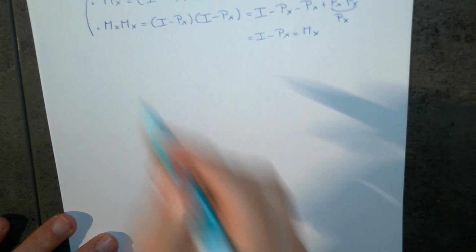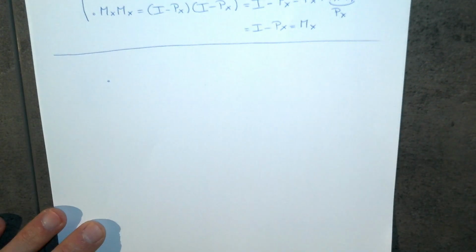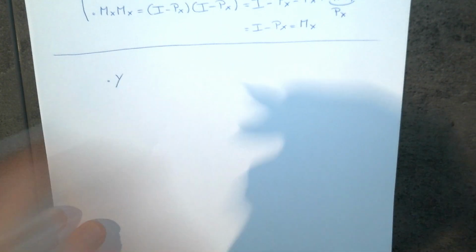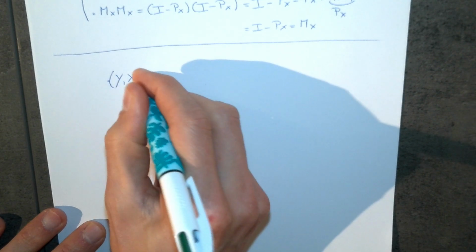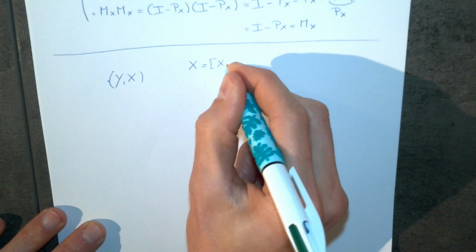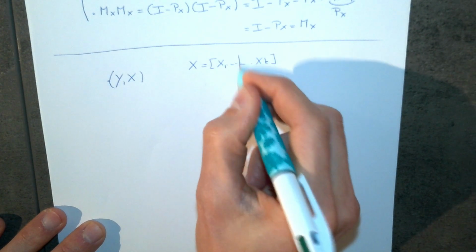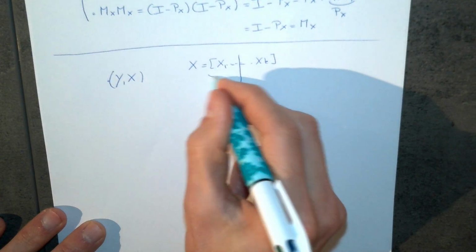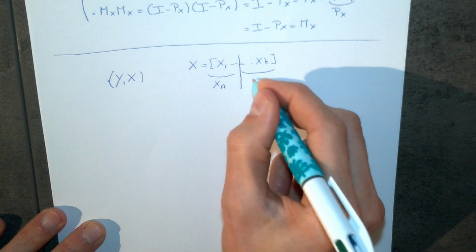So now let's go to the Frisch-Waugh-Lovell theorem, finally. Consider a setting where you have this data set y, X, and now we split up X into two parts. X is X1 until Xk, and we somehow divide this into two parts, and we call the first part Xa, for example, and the second part Xb.